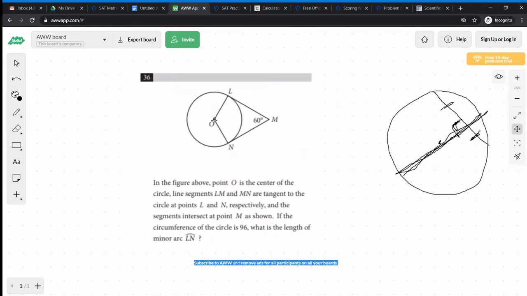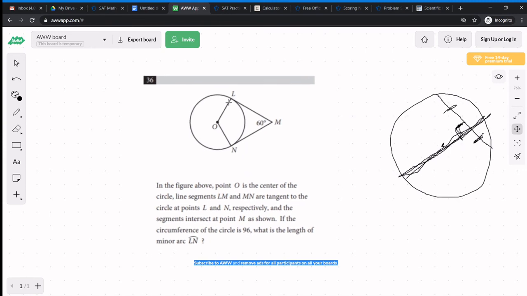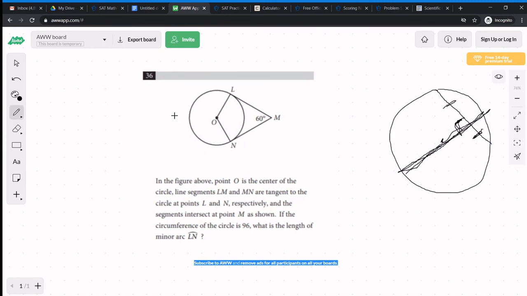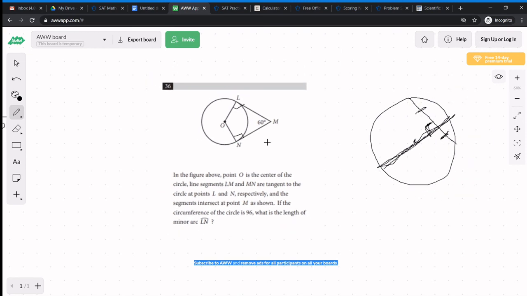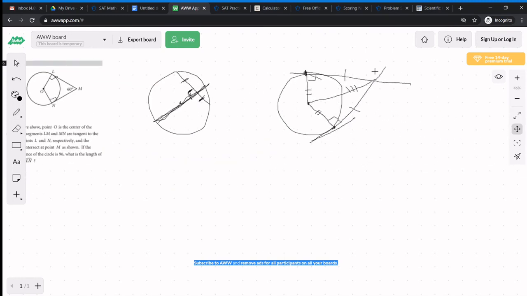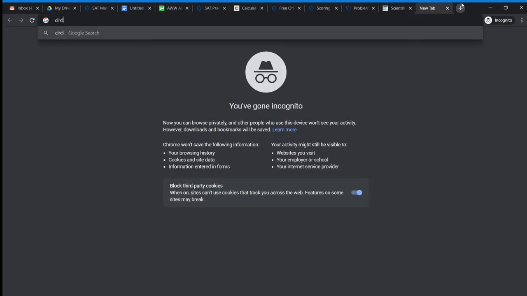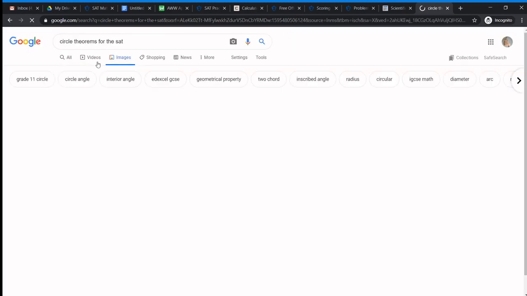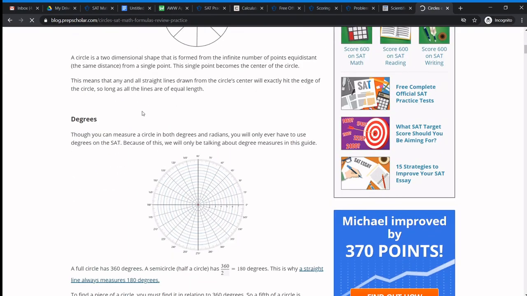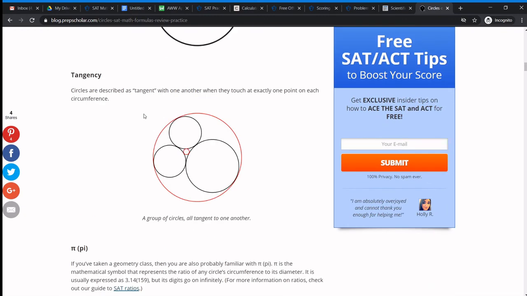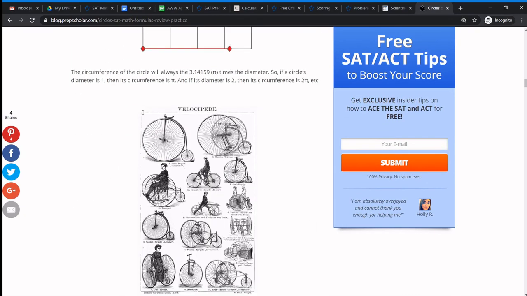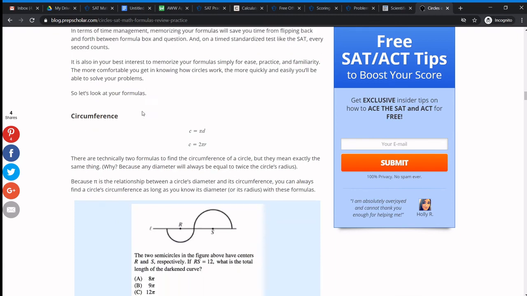So let's take a look at this one. Well, we see pretty obviously that's tangents, so we're going to do this. Actually, let me reconsider what other things you might need to look up. Let me look some stuff up. What other circles on SAT math formulas reviewing practice? Should be good. Circle formulas. Circumference.